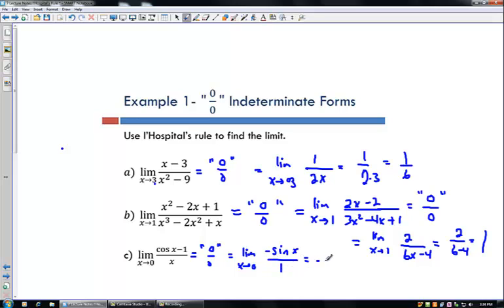And this is equal to then minus sine of 0, so I'll evaluate the limit, and that's just equal to 0. So that limit is 0. Whereas the limit for b was 1, and the limit for a is 1/6. And this is just using L'Hopital's rule, which just says if you have a limit and you get this 0 over 0 indeterminate form out, you can take the derivative of the top divided by the derivative of the bottom, and take that limit, and you'll get the same answer you would have gotten here.